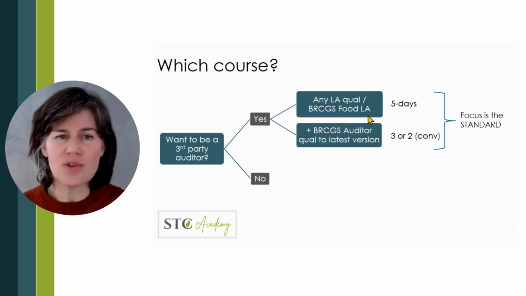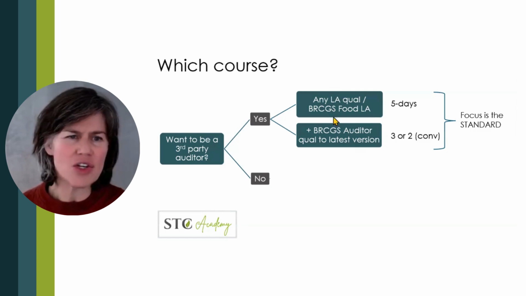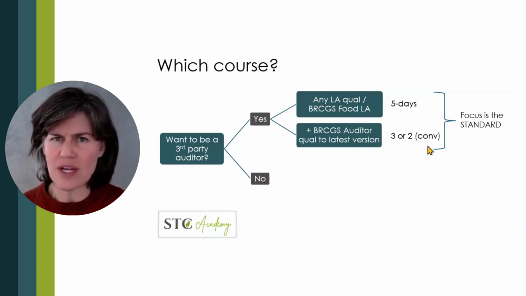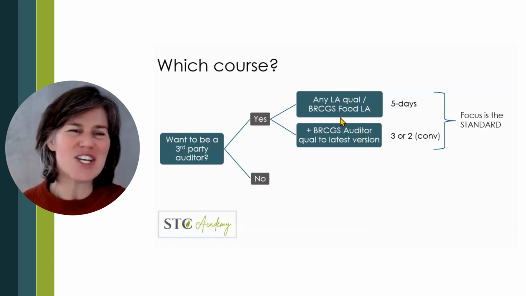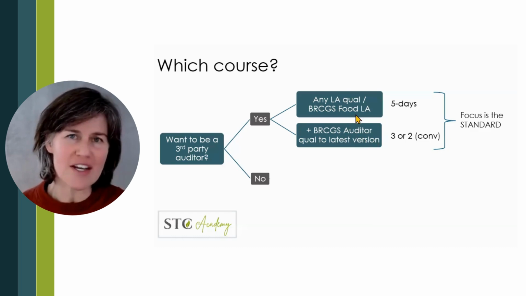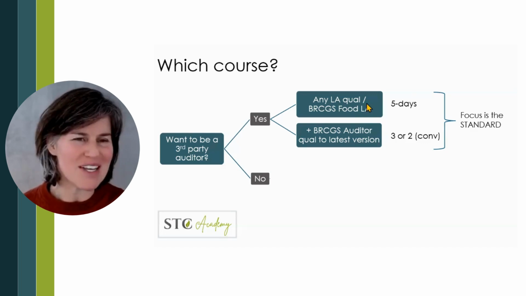So if you do the 5-day lead auditor qualification for the food standard, you don't need to do the 3-day or the 2-day courses because this standard is already included in your training. So you would by default already be trained to the latest version of the food standard. All right, I hope that makes sense.